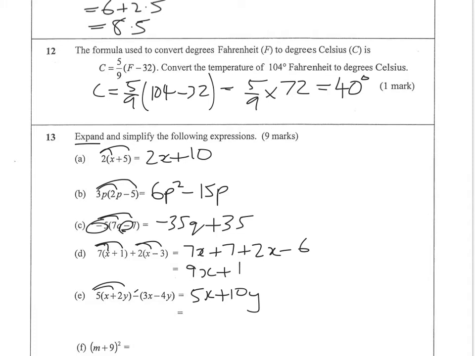Then we have a negative outside the bracket, which will make it negative 3x, and negative negative, which makes it a positive 4y. 5x take away 3x is 2x. 10y plus 4y is 14y.